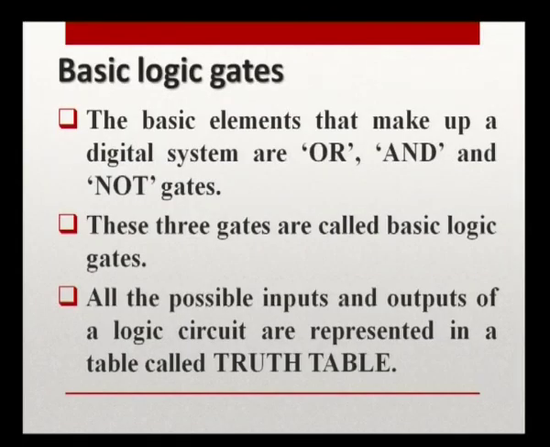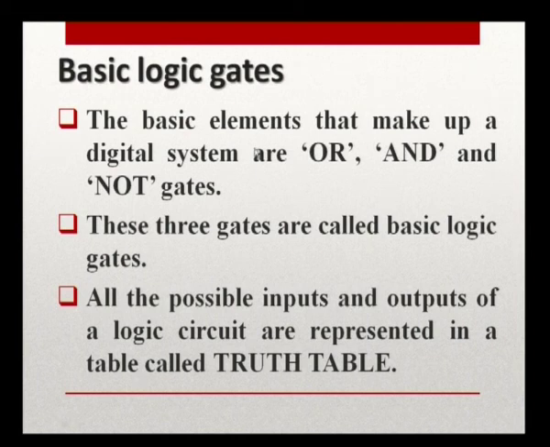Now, what are the logical operators we have? Let us see what the operators and the related gates are. The basic logic gates are these. The basic elements that make up a digital system are OR, AND and NOT gates. The gates are normally represented with the uppercase here.